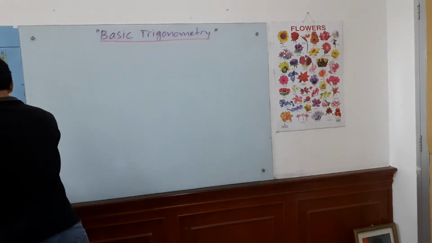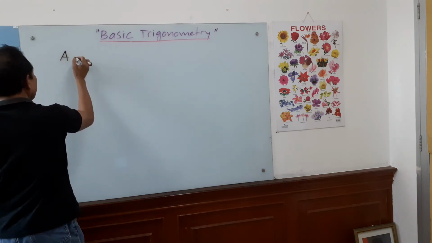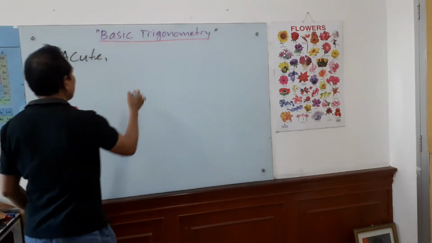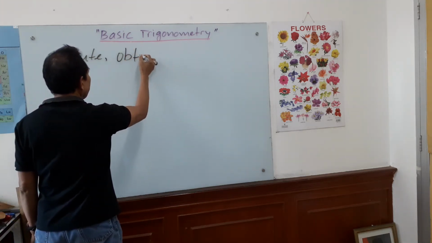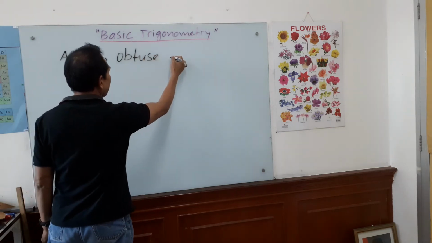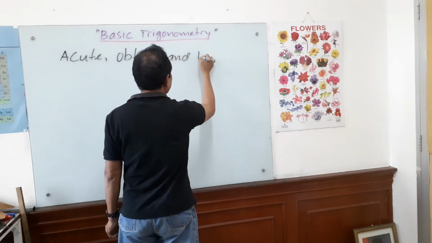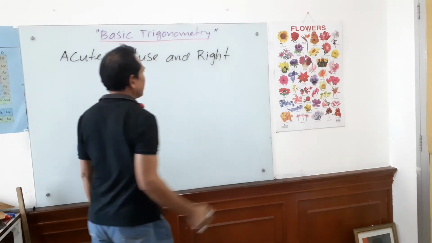Okay, now we want to look at acute, obtuse and right triangles.